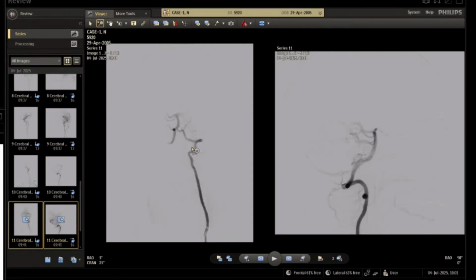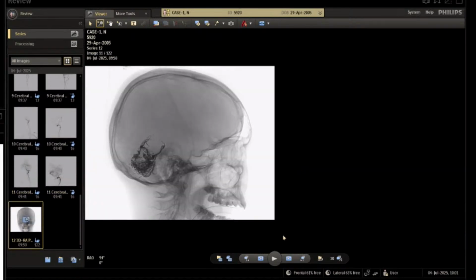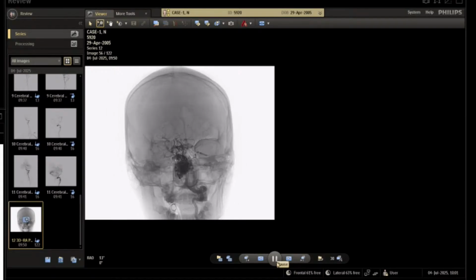After checking the right vertebral artery territory, we will go to the left vertebral, and we'll go with several microcatheters. I think 2 Sonic and 1 Headway Duo through the 7 French Fubuki will be okay.